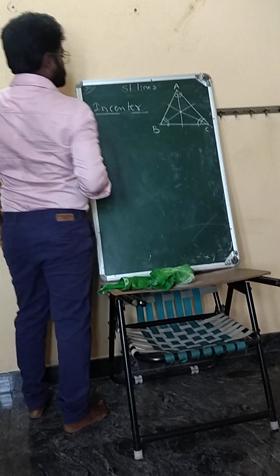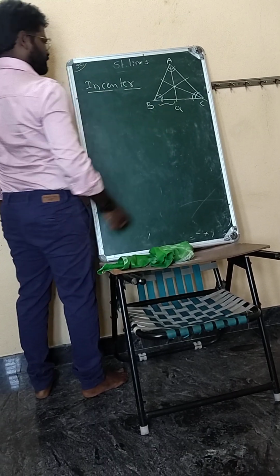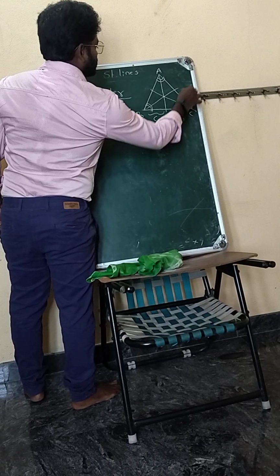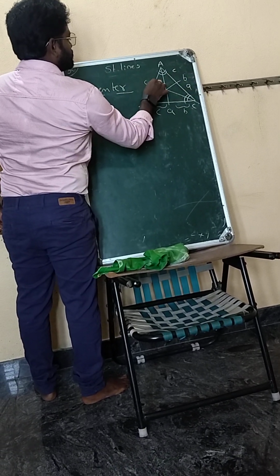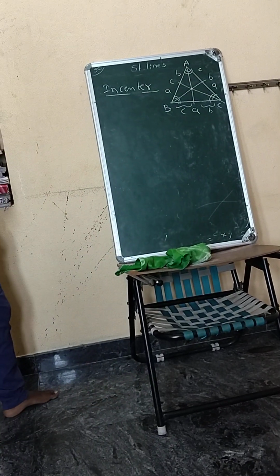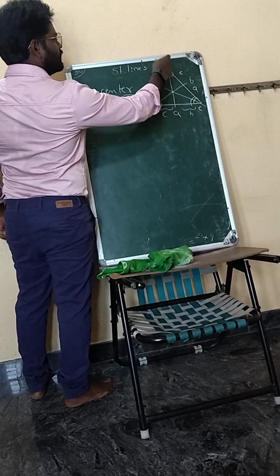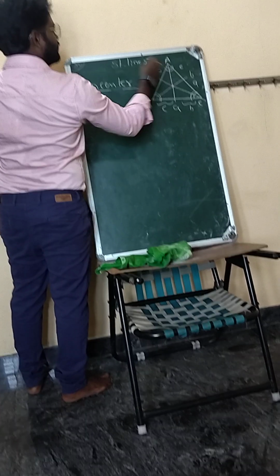Clear? Next one, opposite A, and this side is a, opposite B is b, opposite C is c. Small conditions: opposite A, opposite B, opposite C. Same, capital, small. Clear? Here, side dividing ratios.